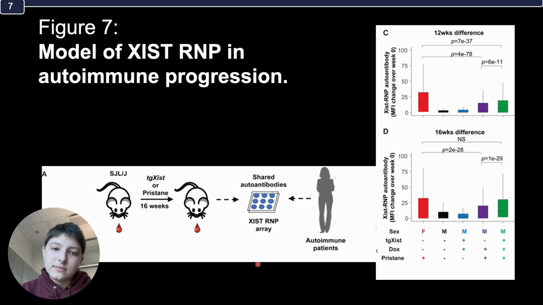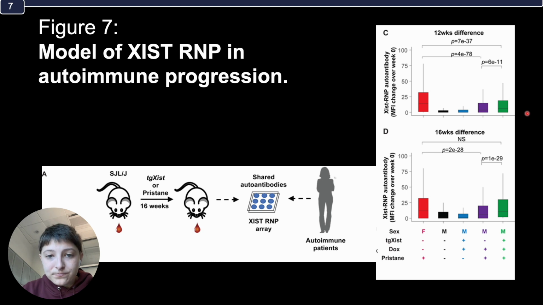And so, I think C and D are specifically for, these are specifically looking at mice. And so they're looking at Xist RNP autoantibodies and seeing how the levels of them compare between the positive female control and then the test group.